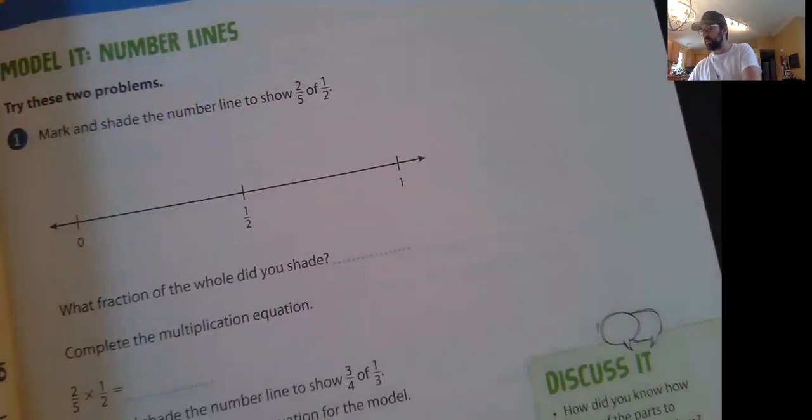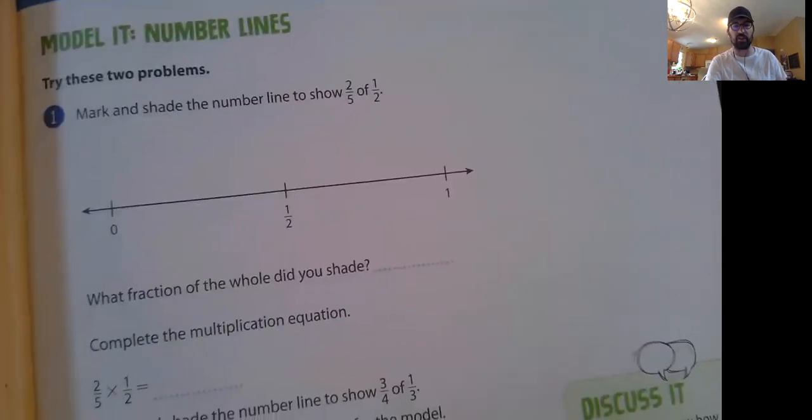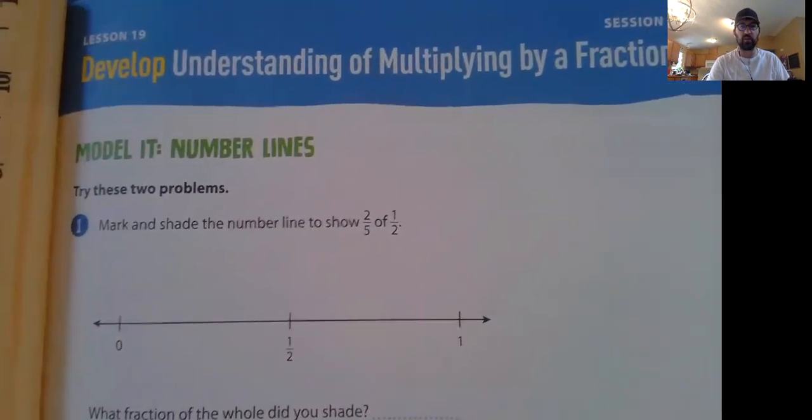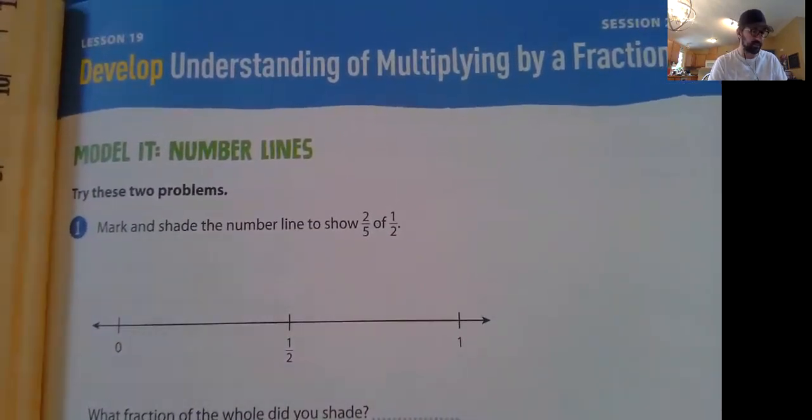Okay, so we're looking at pages 395 and 396 today. Now, this is going to continue talking about these concepts. As we develop these concepts, we're going to be using some different ways of looking at it, but it's very similar still.